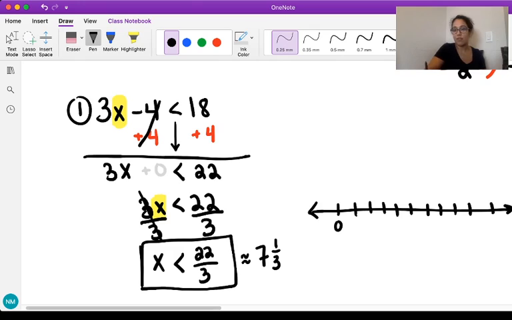This was 7. So I'm going to go to 7 1/3, open circle, and I'm going to go to the left because it is less than. And I'm going to label this 22 over 3, or 7 1/3.